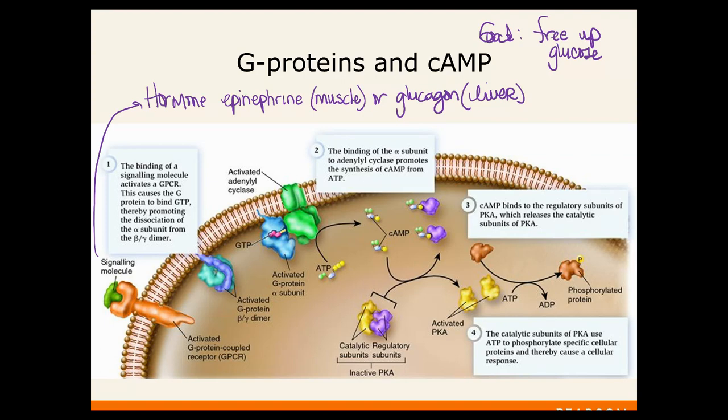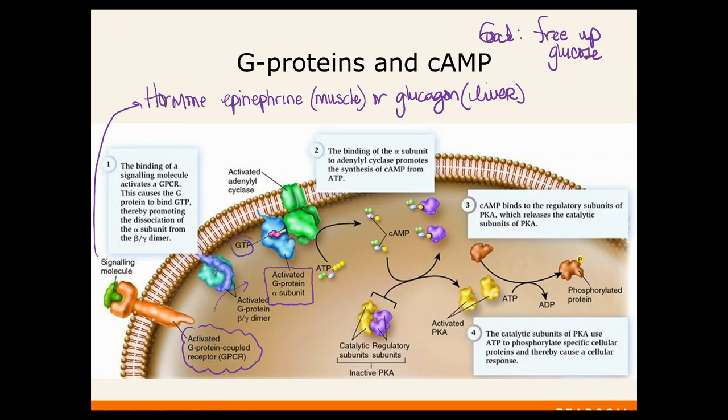All right, now there's a big series of events that happen. There is what's called a G protein coupled receptor, which is activated by the binding event. And this causes what's called a G protein to bind to a molecule called GTP. So you have an activated G protein, activated from this initial triggering event, and it's going to bind GTP.